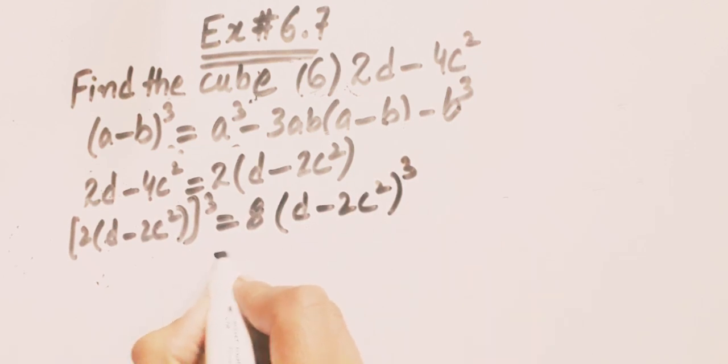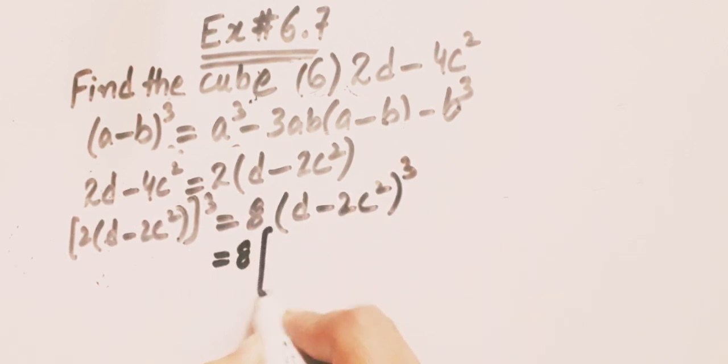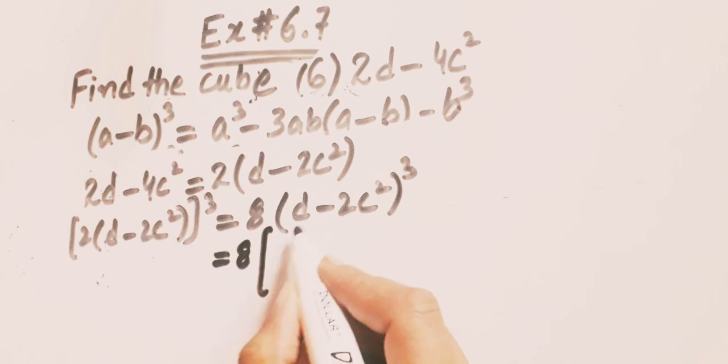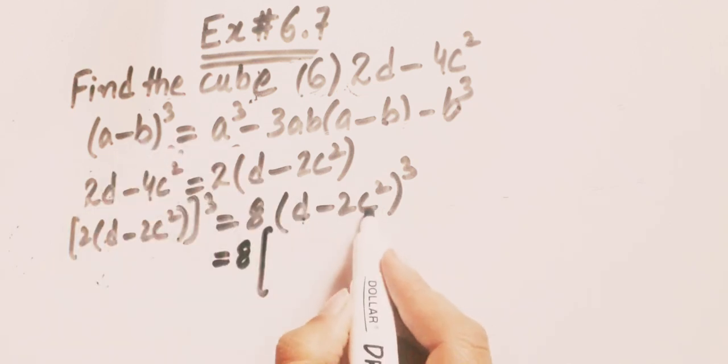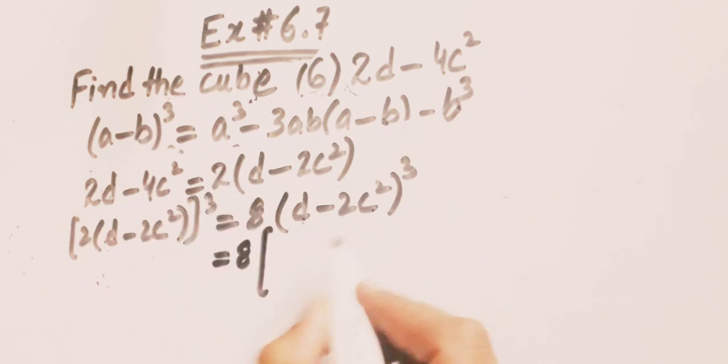Now this will equal 8 into, d is equal to a and b is equal to minus 2c square.